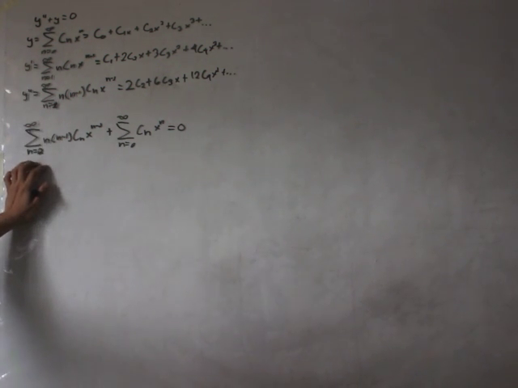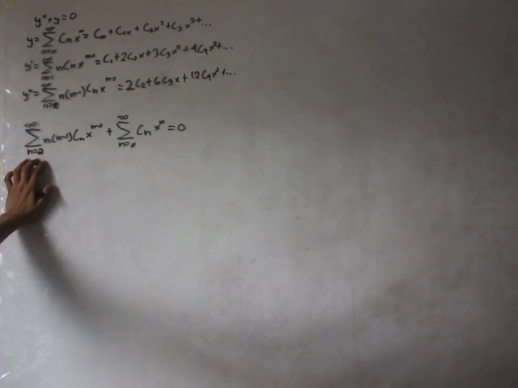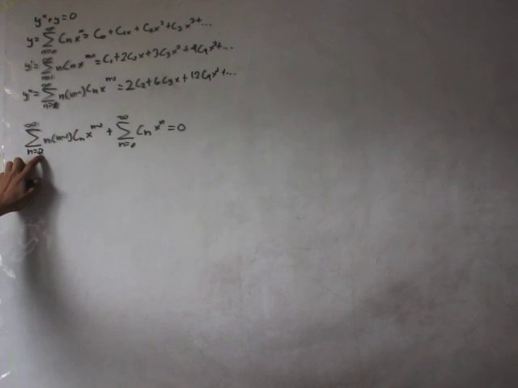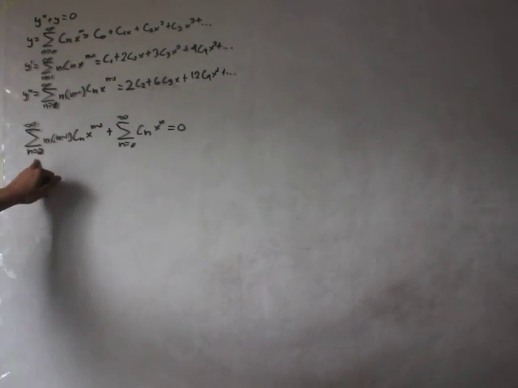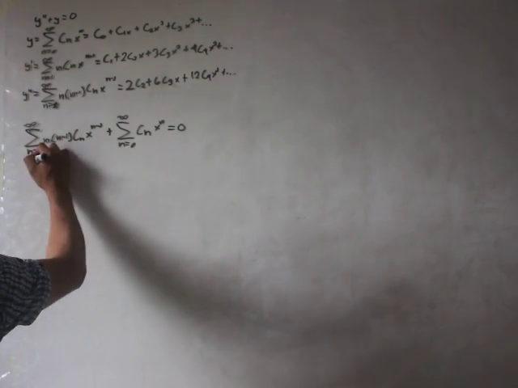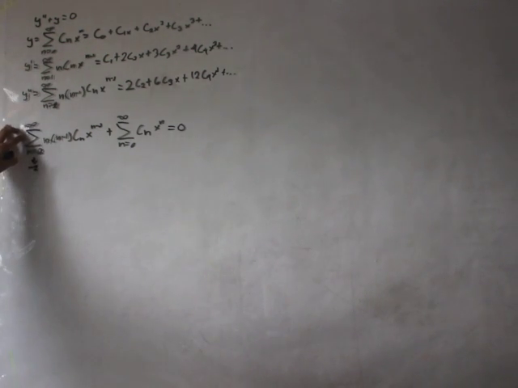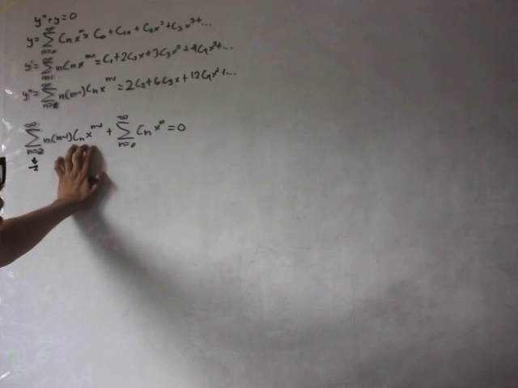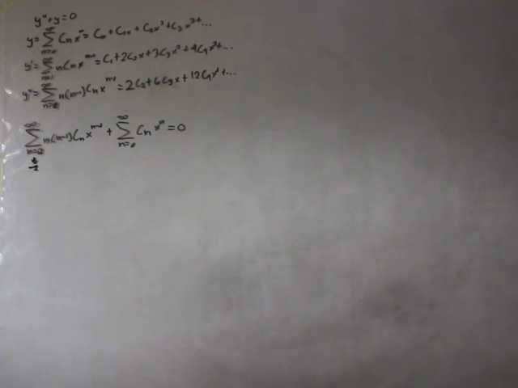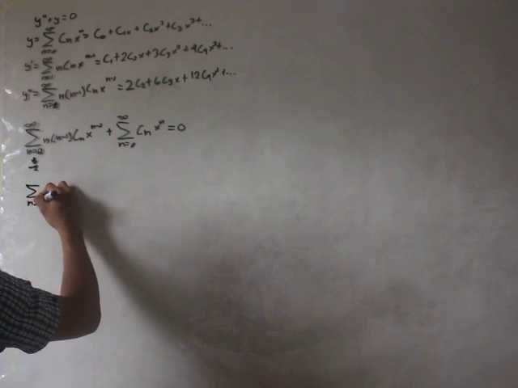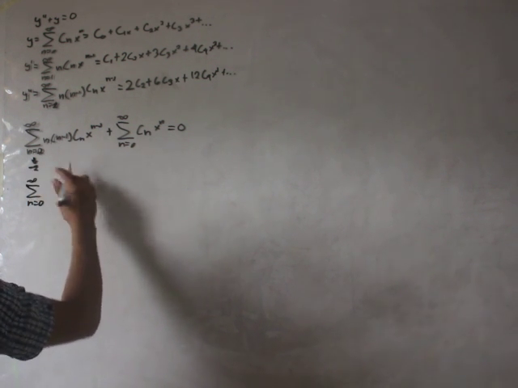So in order for us to balance this, if n equals 2, we need to make this 0. So we need to minus 2 for this part of the equation, and for this one we need to add 2. So if we do that, we will come up with n equals 0.